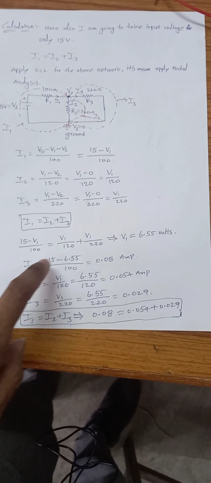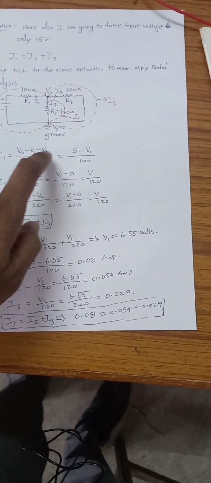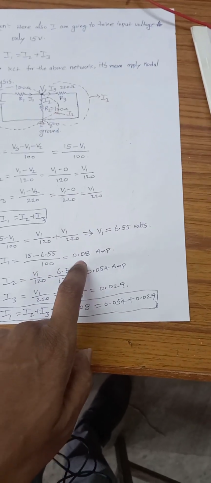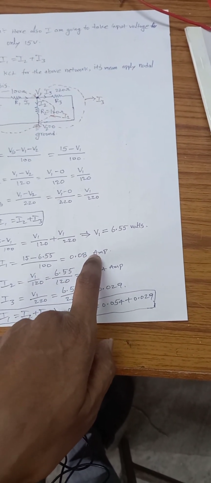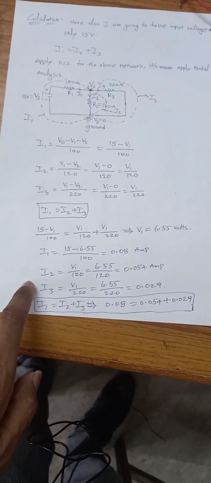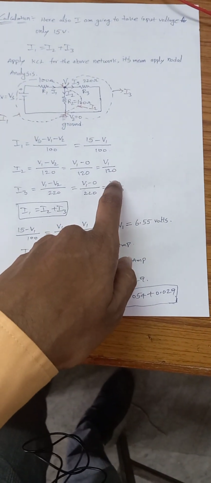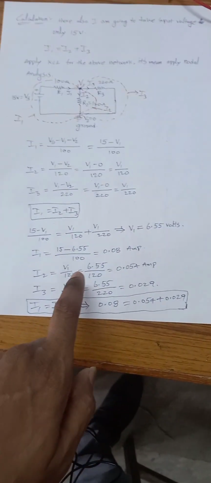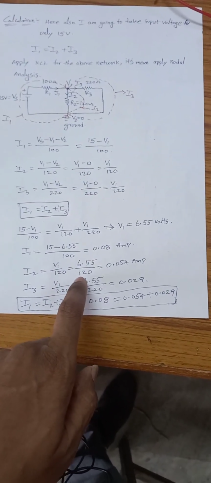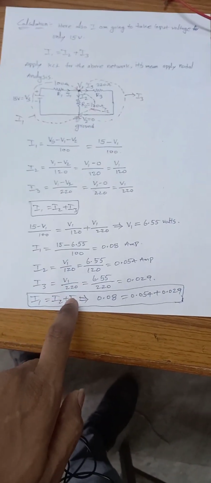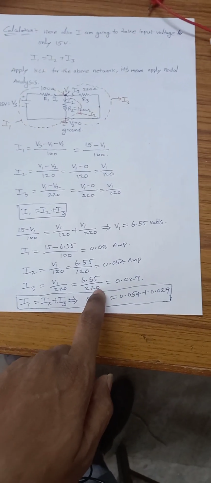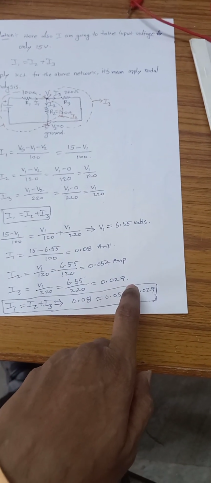I1 equal to 15 minus V1, V2 is 0 already, V1 is 6.55, by 100. From that we get 0.08 amperes. So I2 equal to V1 by 120, V1 we already got, 6.55 by 120, that is equal to 0.054. Then I3 equal to V1 by 220, that is 6.55 by 220, equal to 0.029.